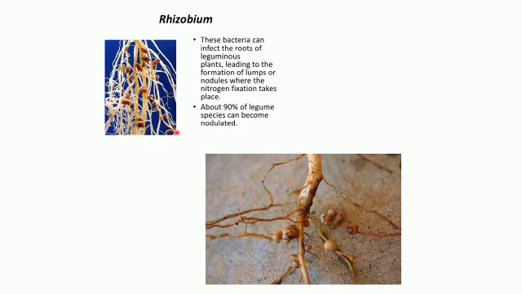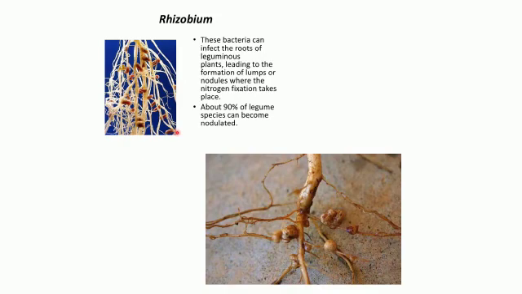Now we know that the fertilizer for plants comprises nitrogen, phosphorus, etc. And the nitrogen is present in the air, but the plants cannot take it up directly. So these microbes are very useful for nitrogen fixation. The bacteria that are there in the soil fix the nitrogen.